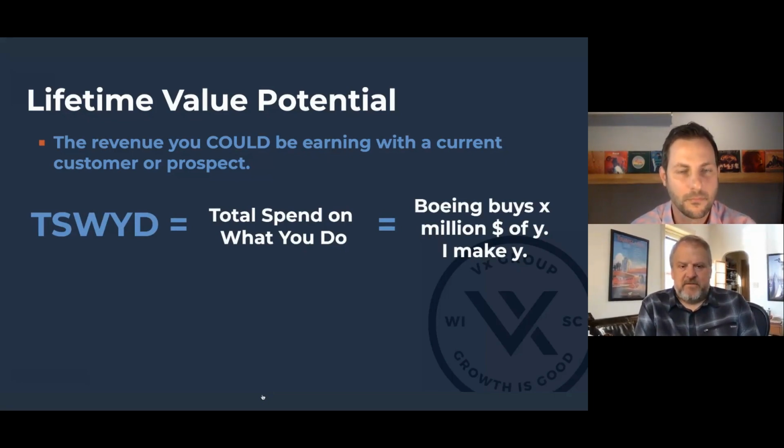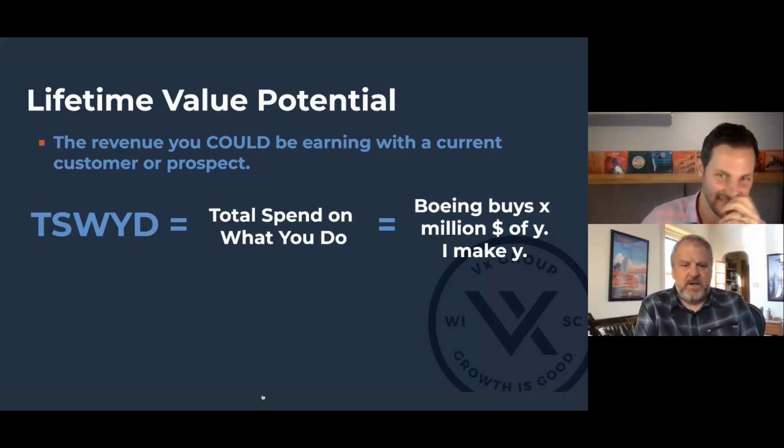What I've now affectionately called the TSWID is the total spend on what you do. If you look at a customer, and I encourage all of you to go through your mental banks right now and pick one good customer of yours, think what is their total spend on what you do.